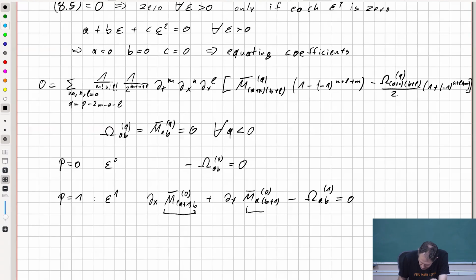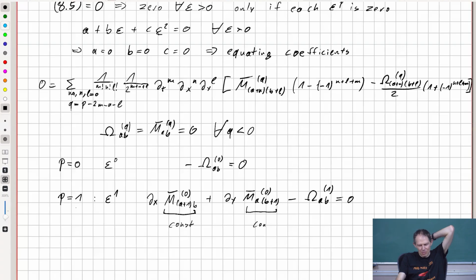Now, I said that our solution, this is now our choice basically, comes at first order, so the velocity solution comes at first order and not at 0 order. So this means that we may have something at 0 order, but whatever we have at 0 order would be constant.